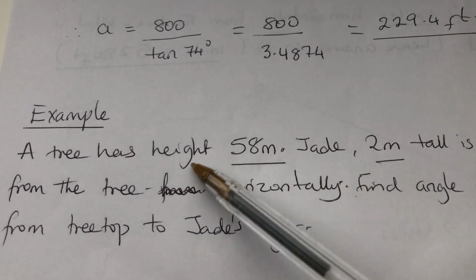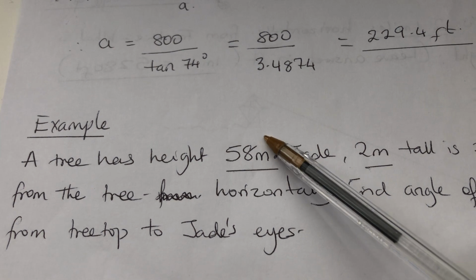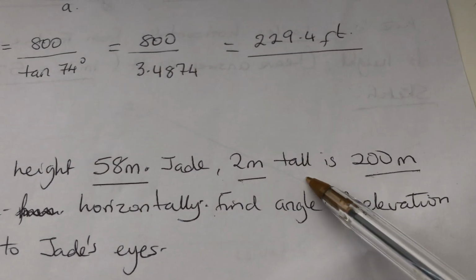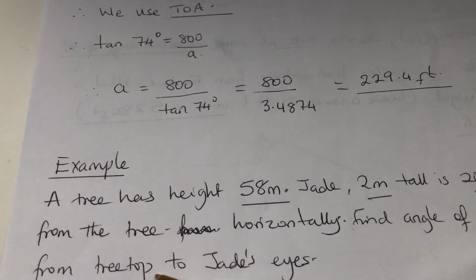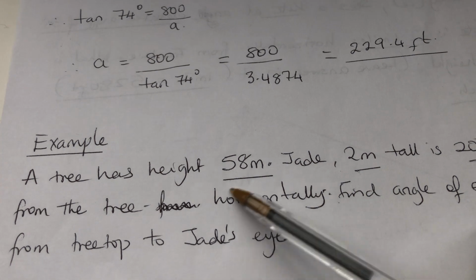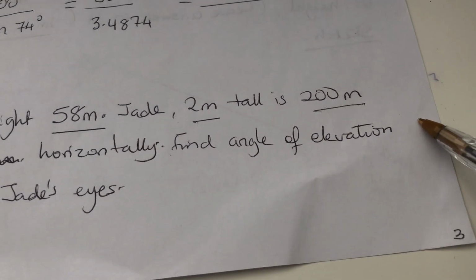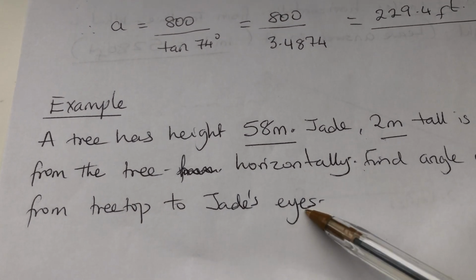Another example. A tree has height 58 meters. Jade, who is 2 meters tall, is 200 meters from the tree horizontally. Find the angle of elevation from Jade to the treetop.